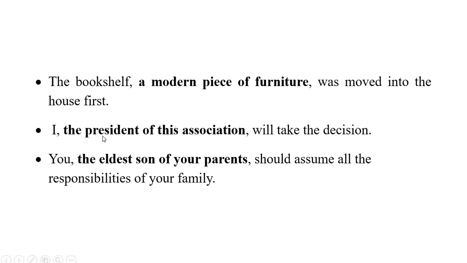But if I add this piece of information, the president of this association, it is an addition, it is an explanation, it's an appositive. This noun phrase here is functioning as an appositive, as an addition, extra information.